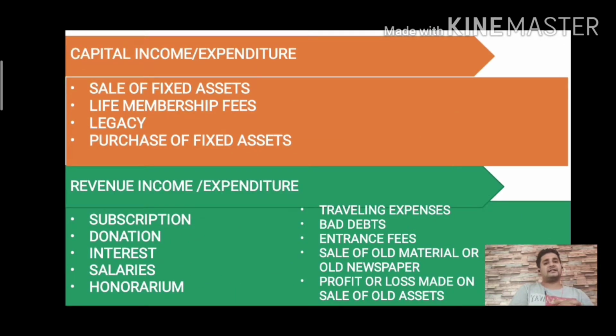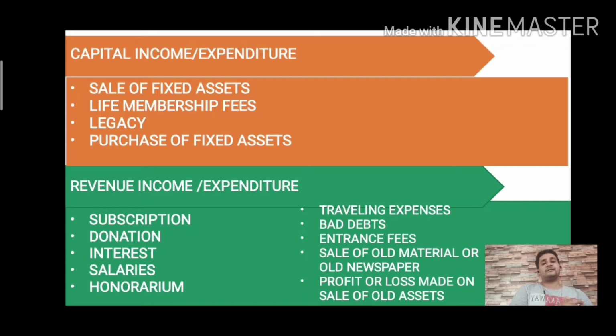So these are the items which come under capital income and capital expenditure. Sale of fixed assets: all sales or purchases of assets are treated as capital in nature.